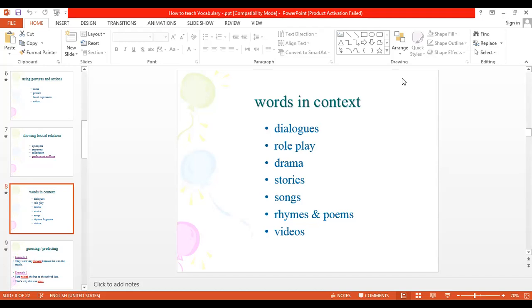They have role play, stories, songs, poems, rhythm, videos. For the dialogues, it will be great if you use them as role play. I think in Connect 1, 2 and 3, they have very, very small and short dialogues.